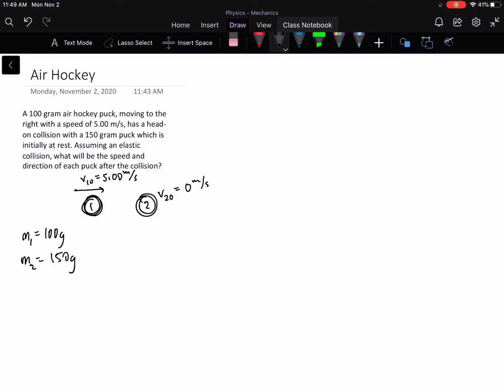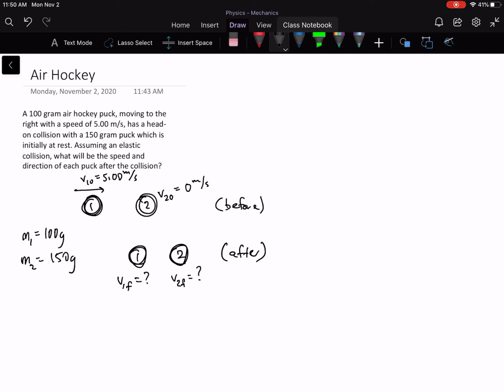So in other words, we want to know what's happening after the collision, so V1F and V2F.